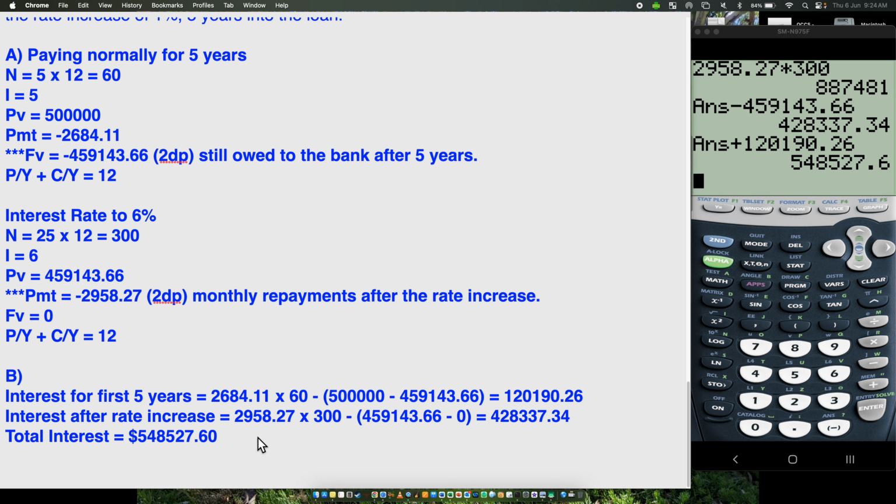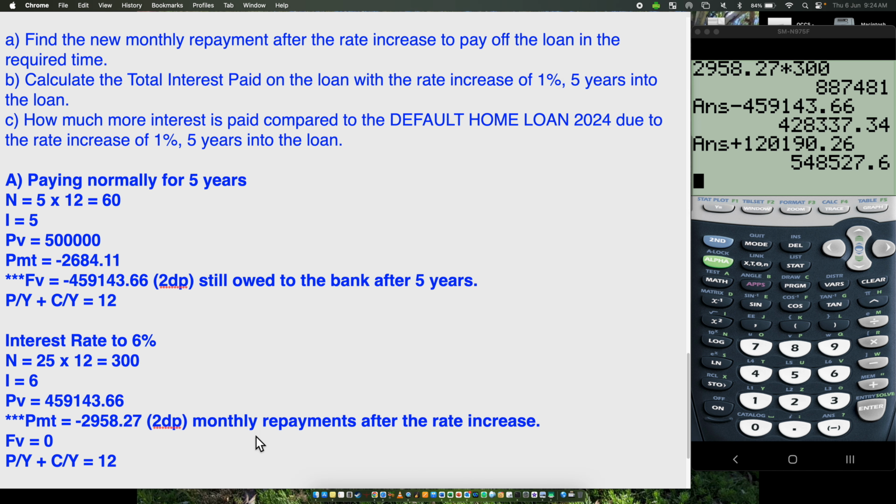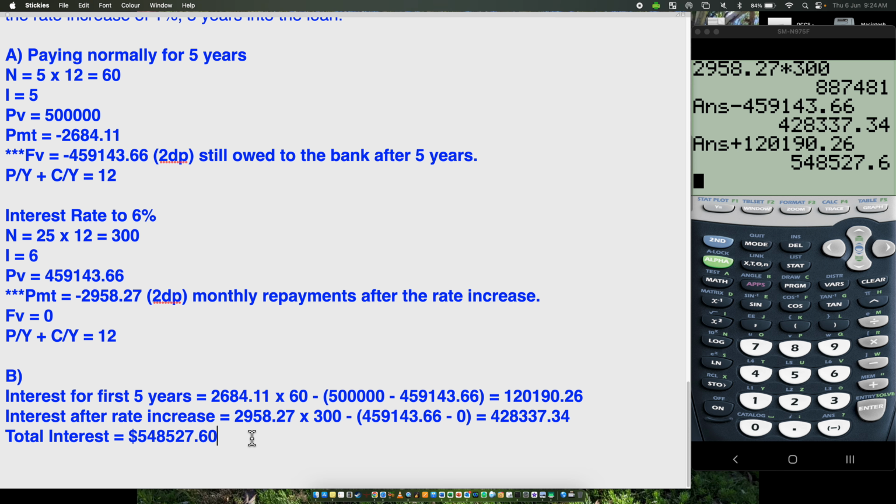Total interest B. So we've answered B. How much more interest is paid compared to the default loan? So the last step is how much interest did I pay with the interest rate going up? $548,527.60, take away. Can you read out the default loan interest, please?